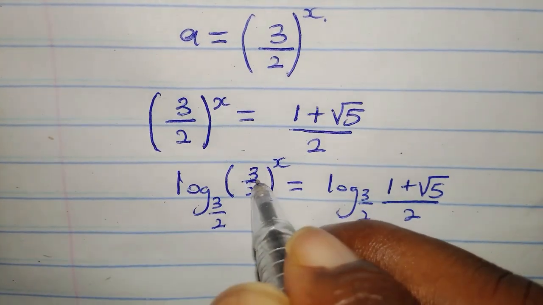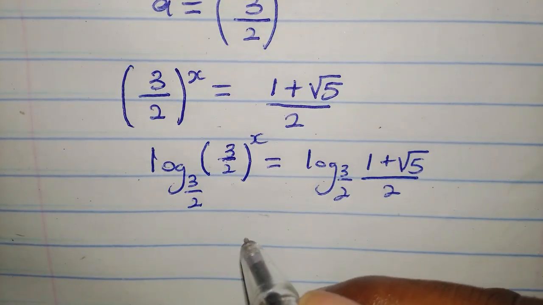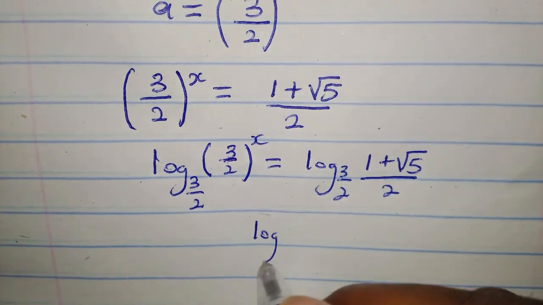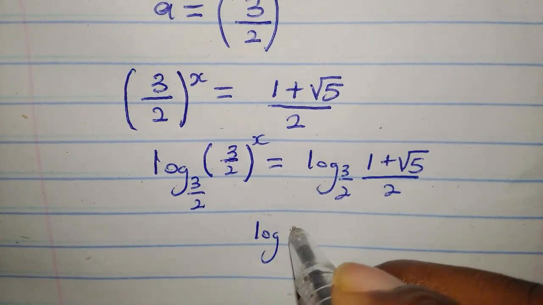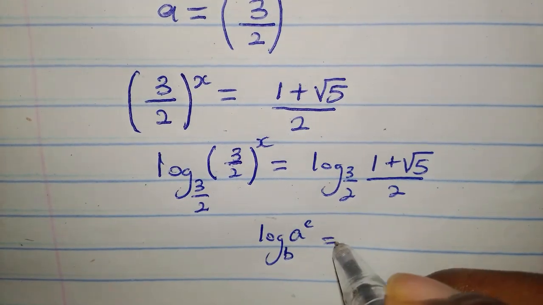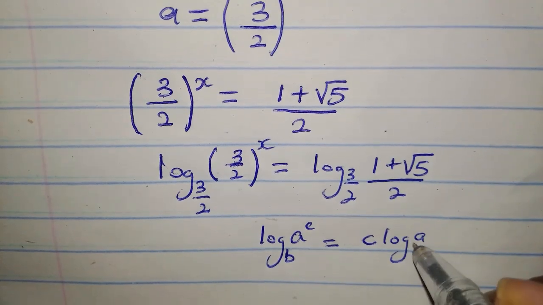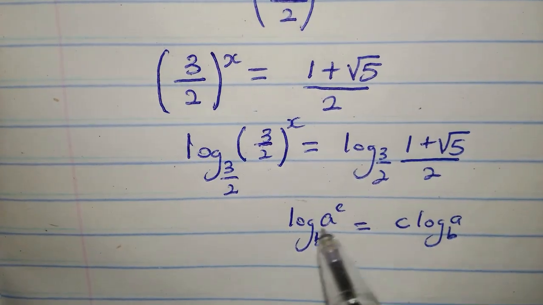Okay, so if we apply the logarithm rule, which says if you're having log of a to the power of c to base b is also equals to c log a to base b.